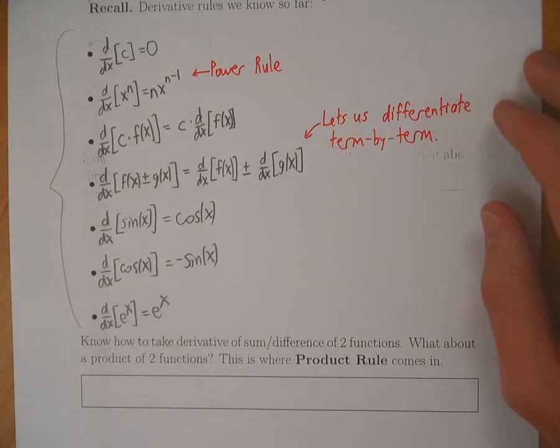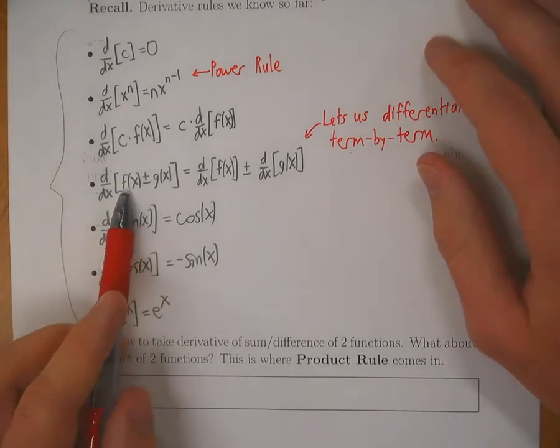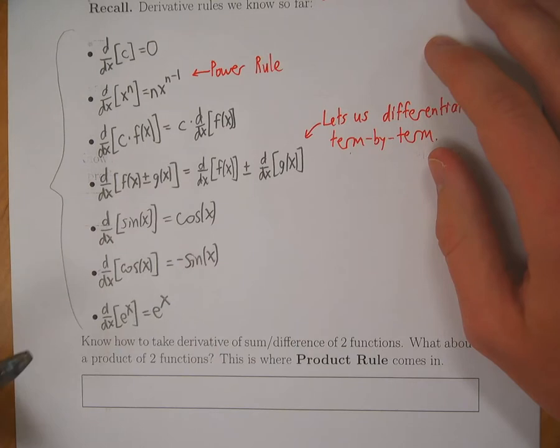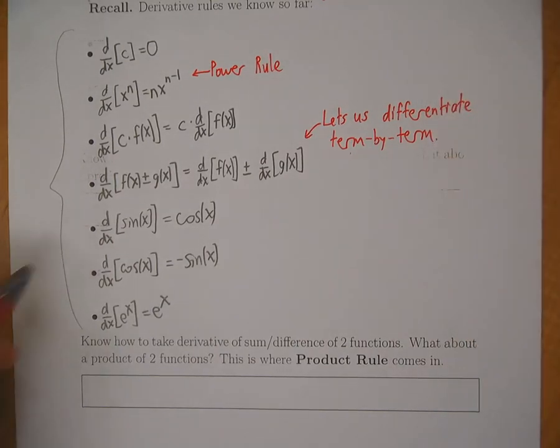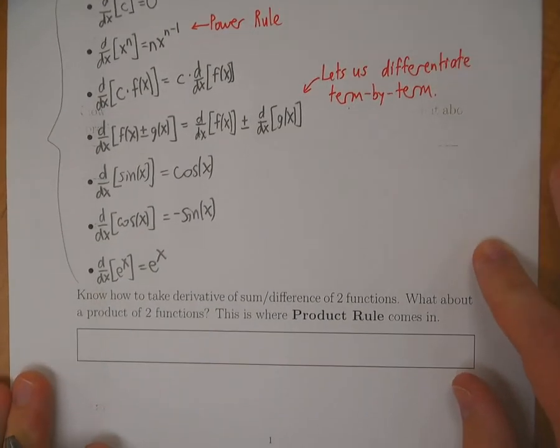So while that's good and all, unfortunately, this is definitely not an exhaustive list, because even though you have a sum/difference of two functions, in a lot of cases you're going to end up having a product of them, for instance. So in the event that happens, that's where you're going to need the product rule to come into play.